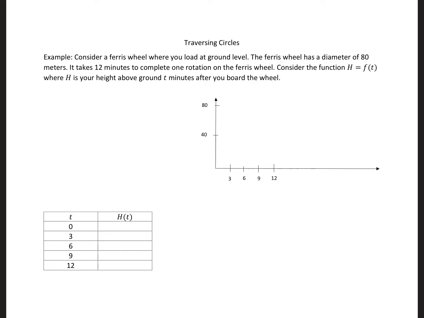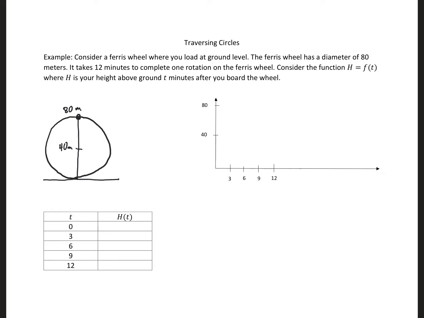We're going to think of our output as our height above ground and our input as the amount of time we've been on the Ferris wheel. So I just want to pause for a second and draw out the actual Ferris wheel. Okay, so here's a rough sketch of my Ferris wheel. Notice the 40 meters, that would be the halfway point, the halfway height along the Ferris wheel.